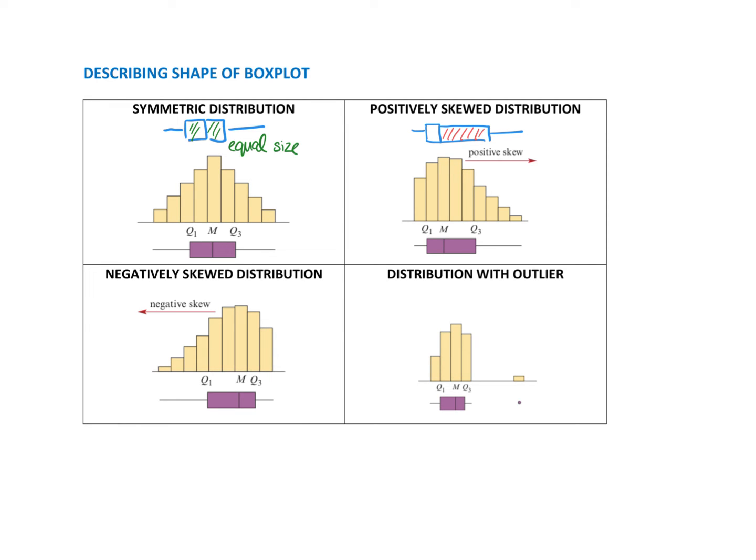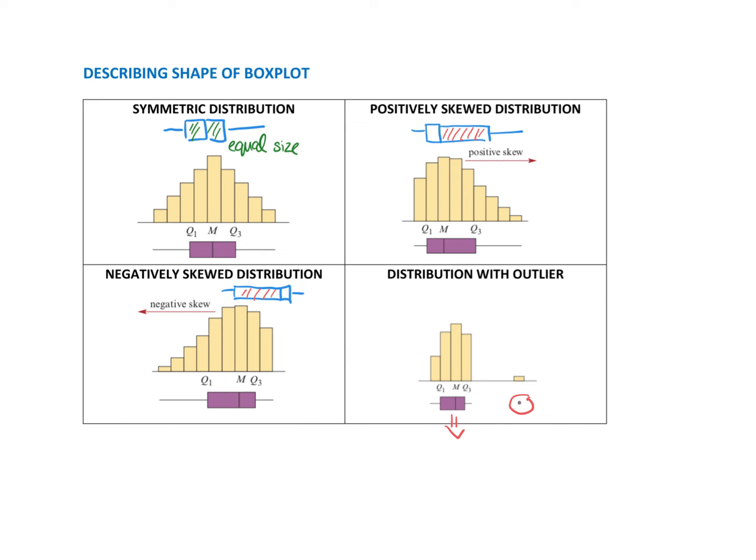If you have negative, we see the opposite. So we see that tail one, so the big long one, and a little short one. So we see that tail one at the start for negative skewed. And if you have an outlier, it'll be represented in a dot. So for this one, it definitely has an outlier. We would still describe the shape of this one here though.